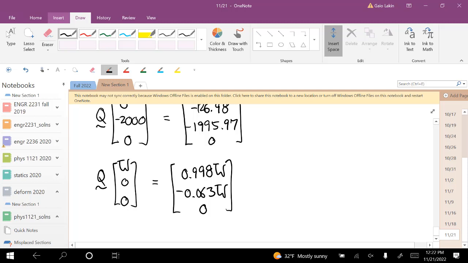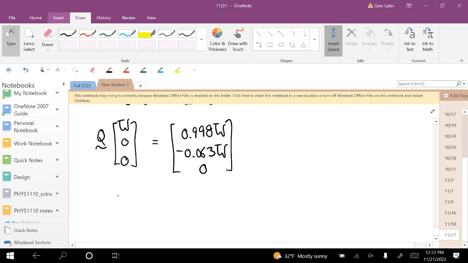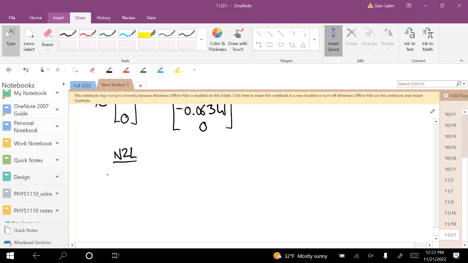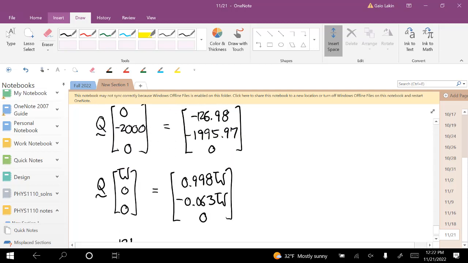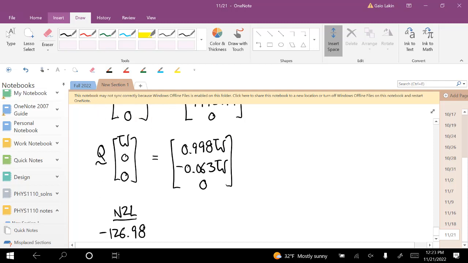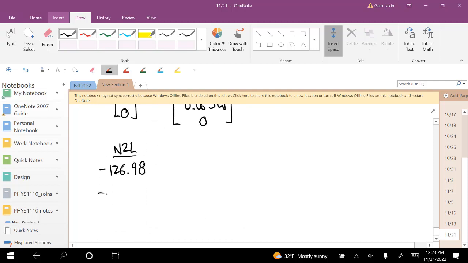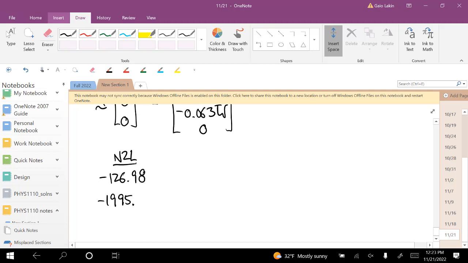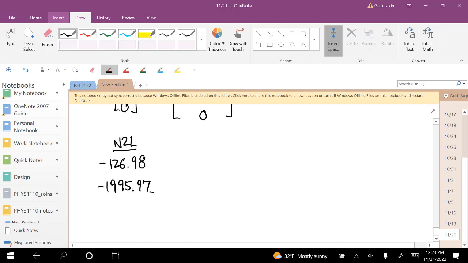And so Newton's second law says negative 126.98, negative 1995.97. That's the weight force in the new coordinate system.